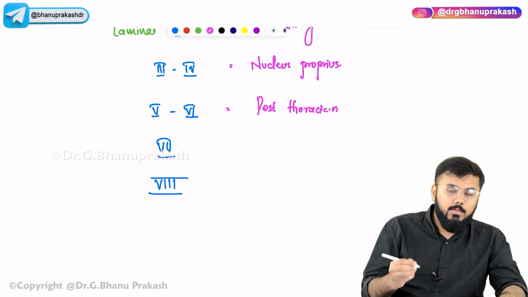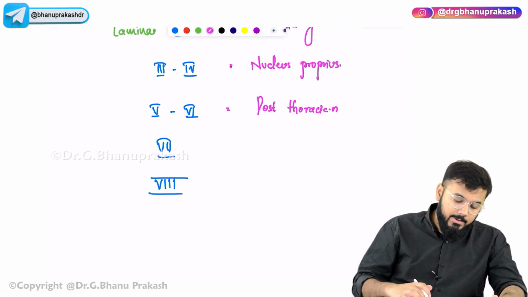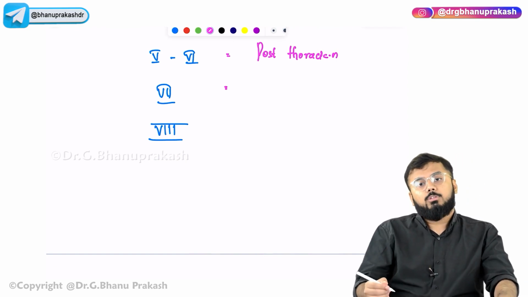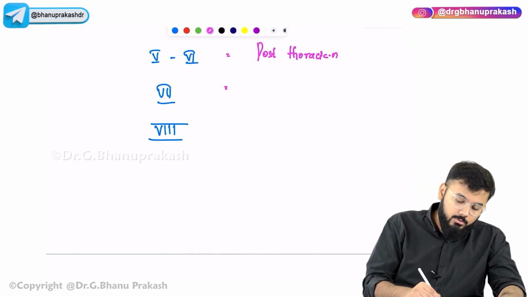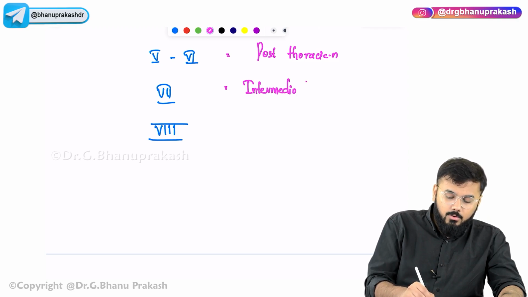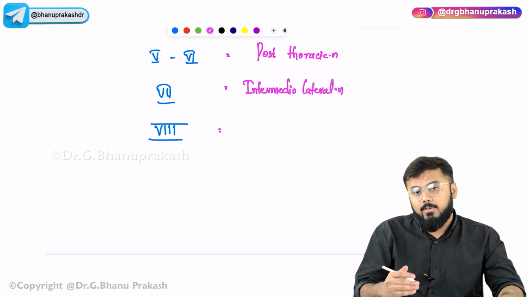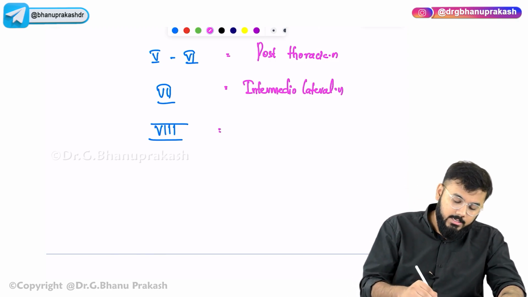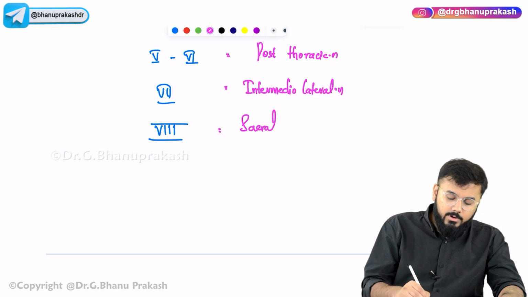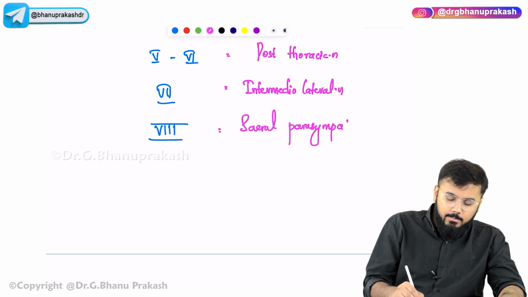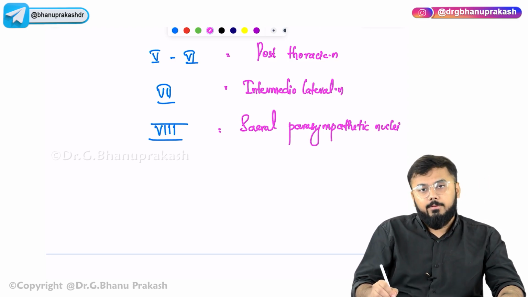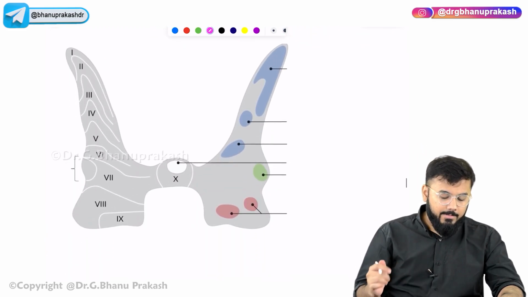Lamina 7 will correspond to the intermediolateral nucleus, and finally lamina 8 will correspond to the sacral parasympathetic nuclei.